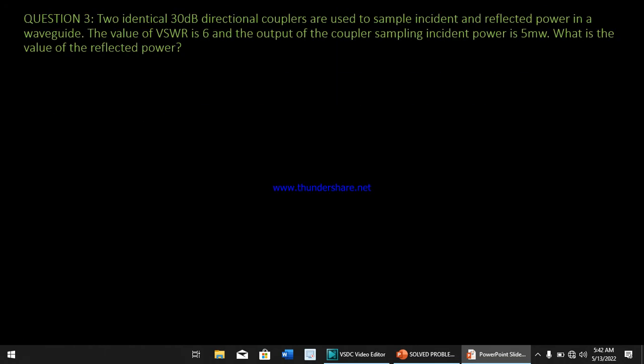Question 3. Two identical 30 dB directional couplers are used to sample incident and reflected power in a waveguide. The value of VSWR is 6 and the output of the coupler sampling incident power is 5 milliwatts.